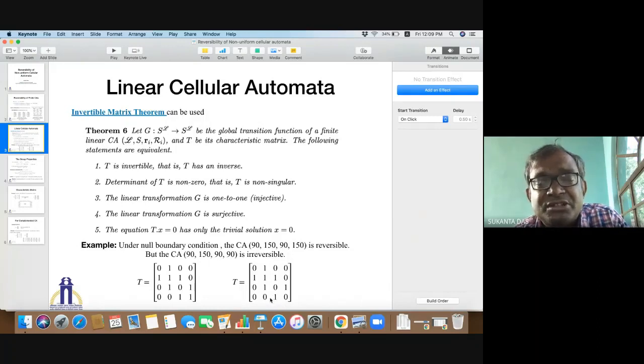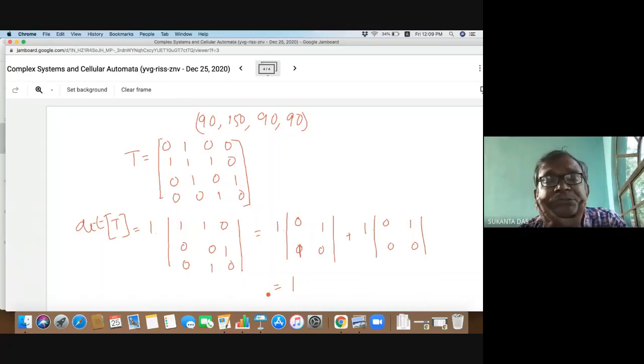Just let me check it again. One, 0, 1, 0, 0. Okay, so if it is 1, then again it is reversible.